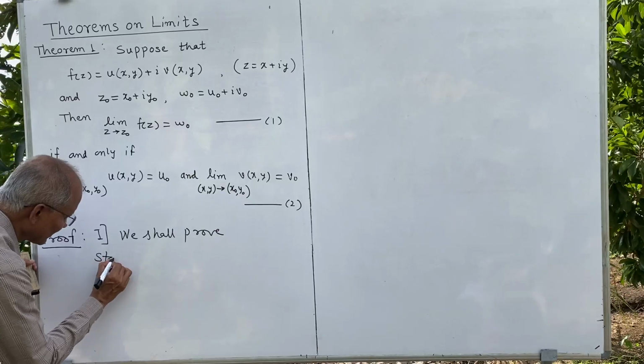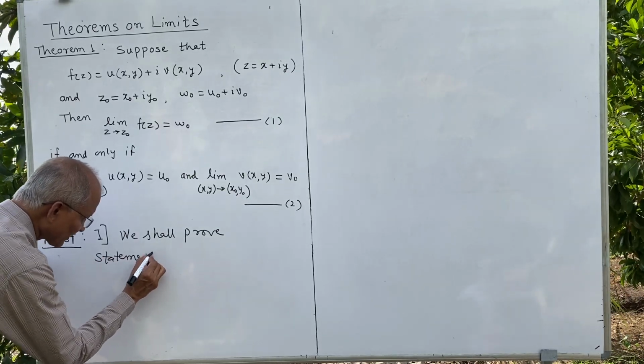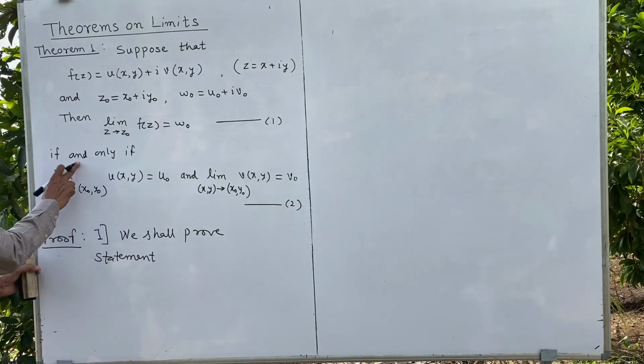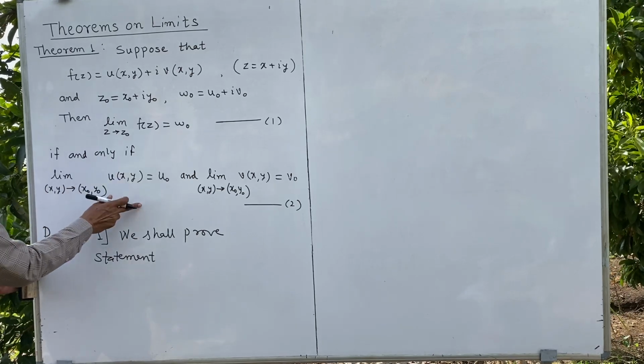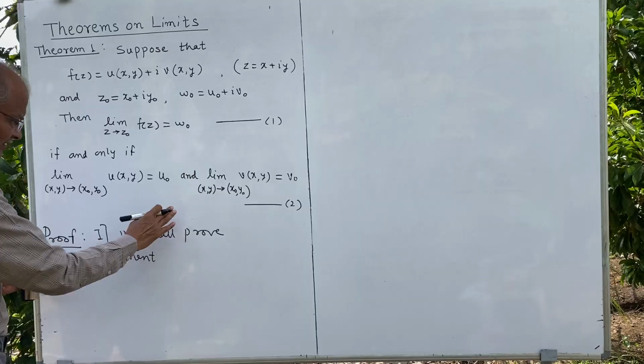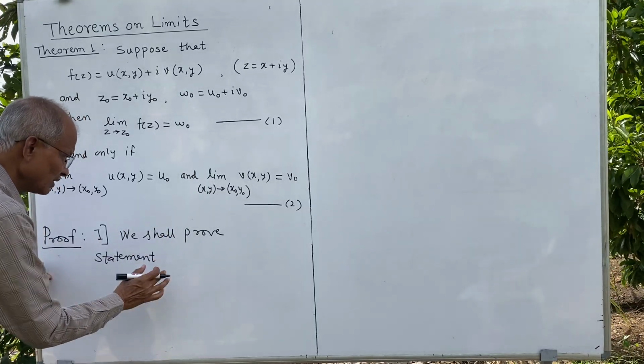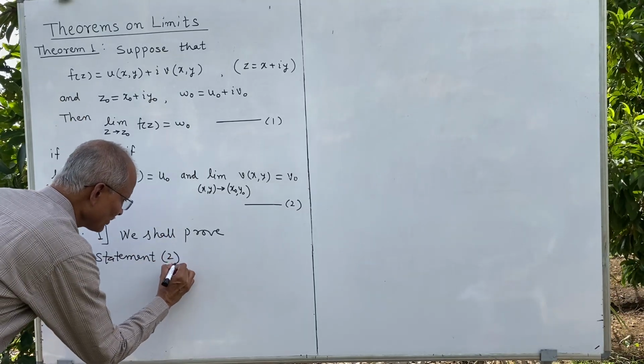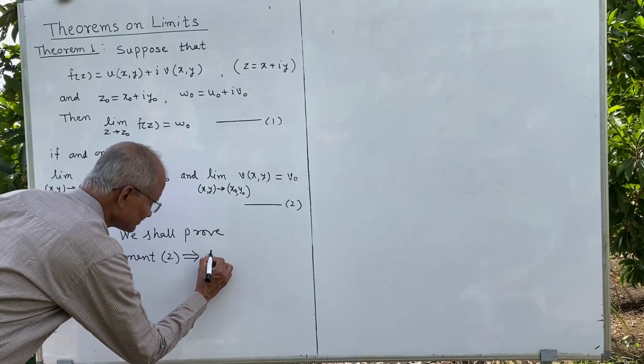The condition is if and only if, so second implies first and also first statement implies second. We shall first prove statement 2 implies statement 1.